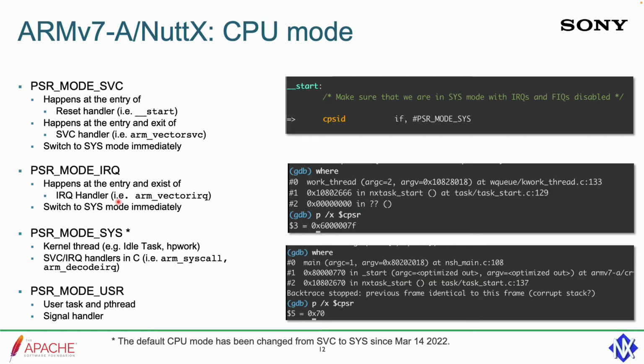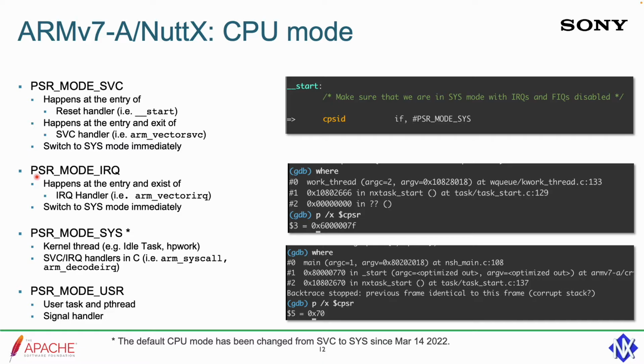This slide shows more concrete examples for ARMv7-A NuttX CPU modes. When the CPU starts with the reset handler, the CPU is in SVC mode, supervisor mode. This SVC mode also happens at the entry and exit of the SVC handler. In these handlers, we change the CPU mode to system mode immediately. When a hardware interrupt happens, the CPU changes to IRQ mode and jumps to the IRQ handler.